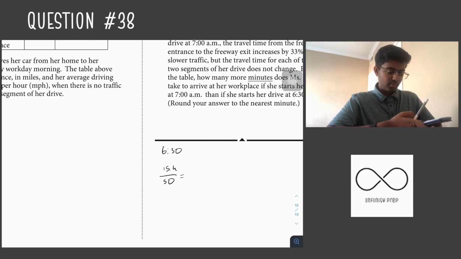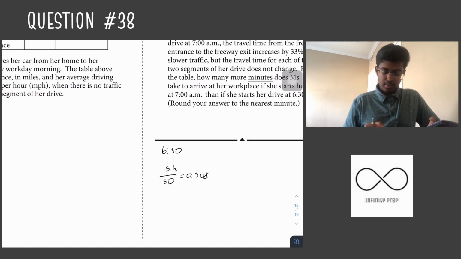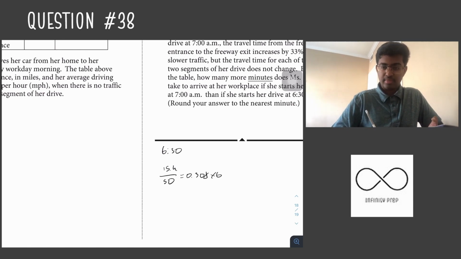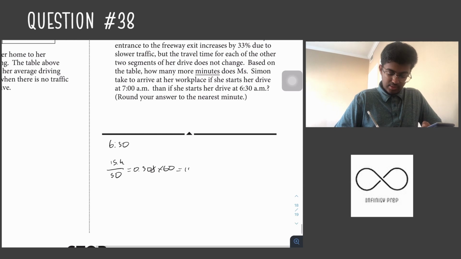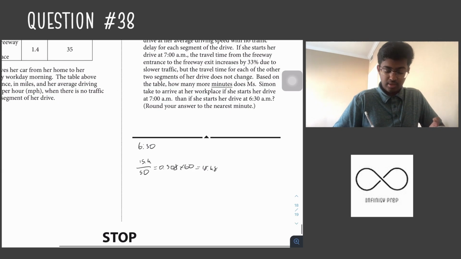So 15.4 divided by 50 is 0.308, which is in hours, so we have to multiply by 60 to get the actual minutes. So times 60 is 18.48. Okay, that's for 6:30.